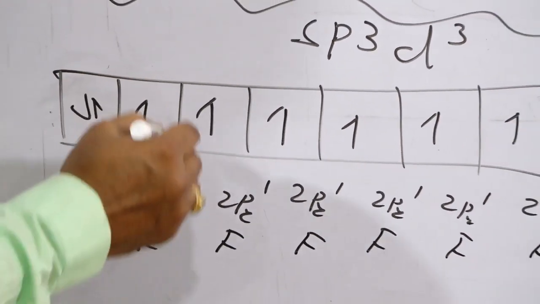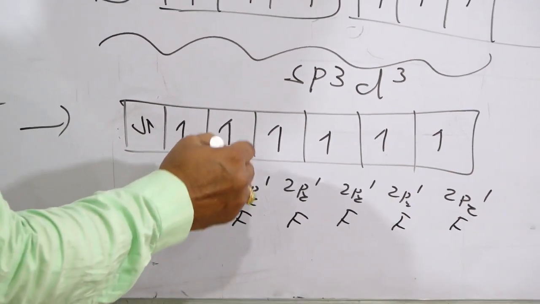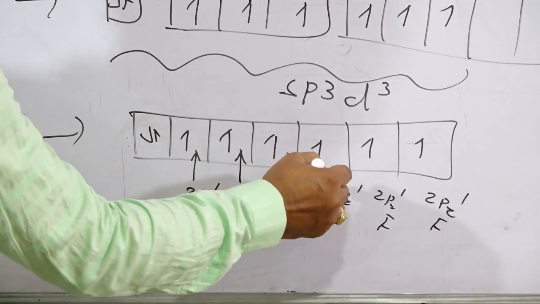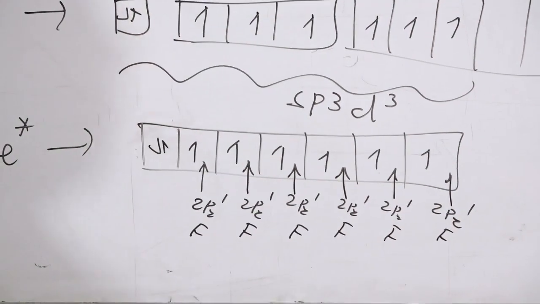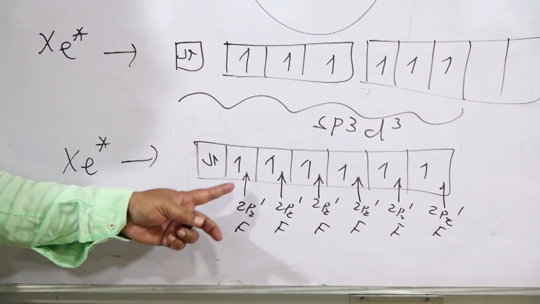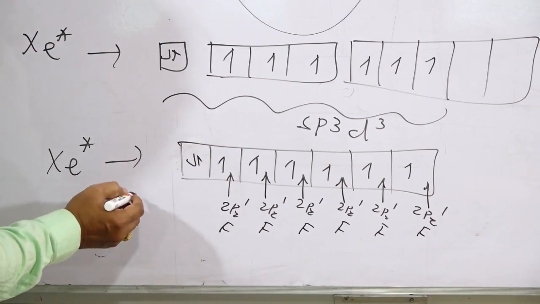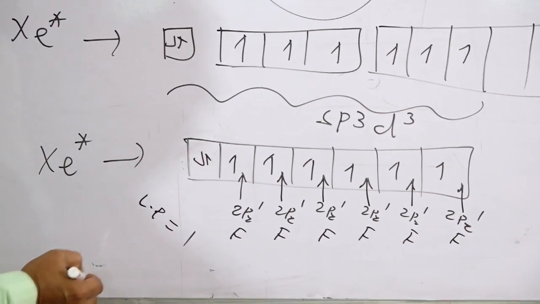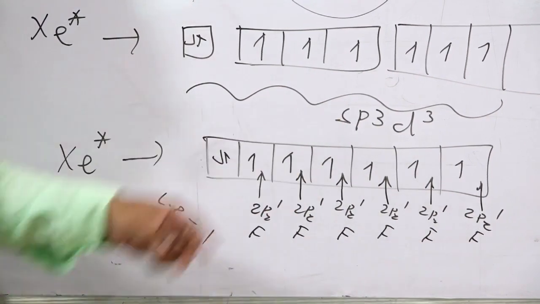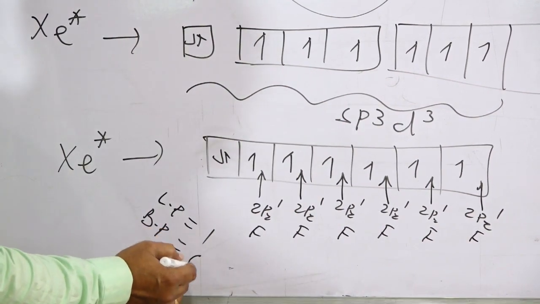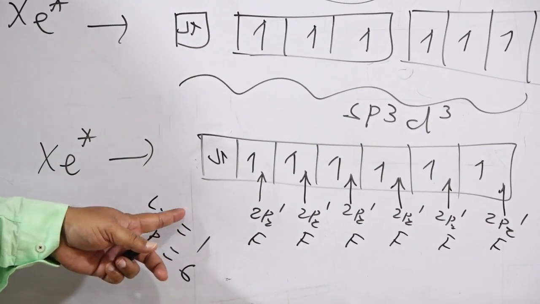By mutual sharing, xenon to fluorine sigma bonds are formed. In this case there is one lone pair of electrons: lone pair 1, bond pair 6. So there are 6 bond pairs and 1 lone pair.